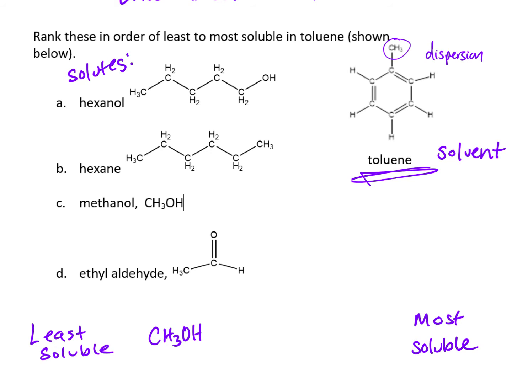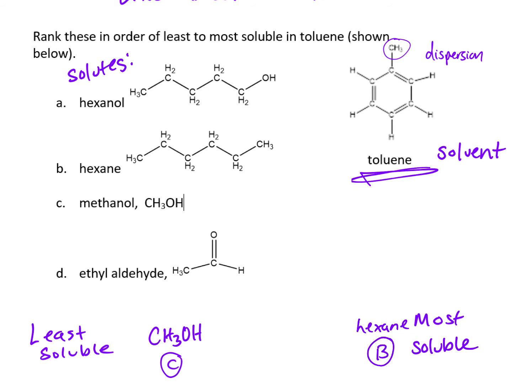All right. So which one would be the most soluble? Hexane. Okay. Hexane, again, only carbons and hydrogens, very similar in terms of the forces that are present. So this is option C, this is option B. Now it gets a little bit more challenging, I think.